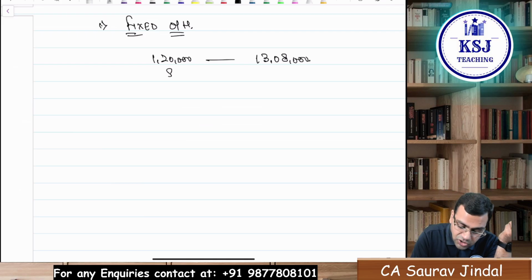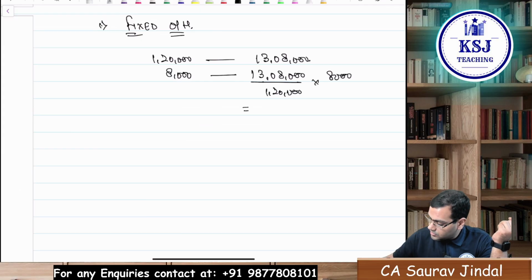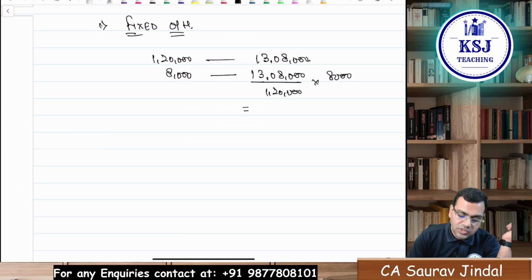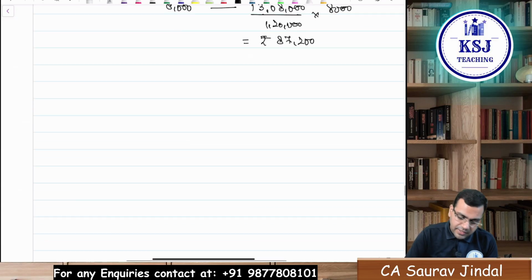So for an actual output of 8,000 units, what will be my fixed overheads? So 13,08,000 divided by 1,20,000 multiplied by 8,000 comes to rupees 87,200. This is your standard cost for the actual output for the fixed overheads, right?